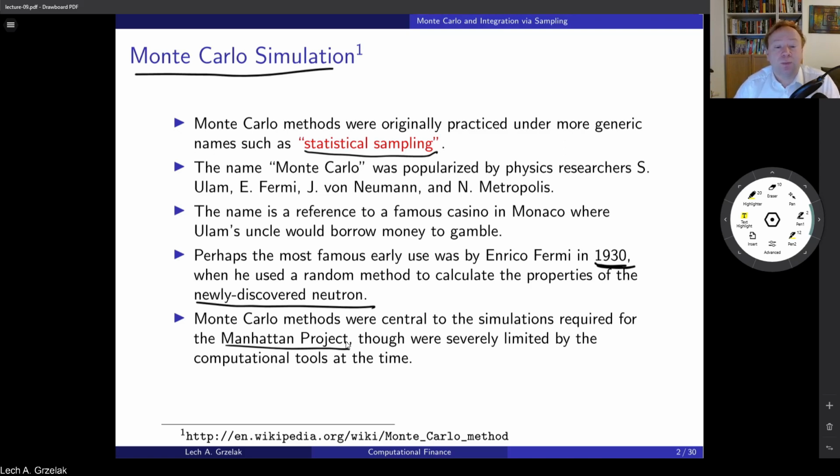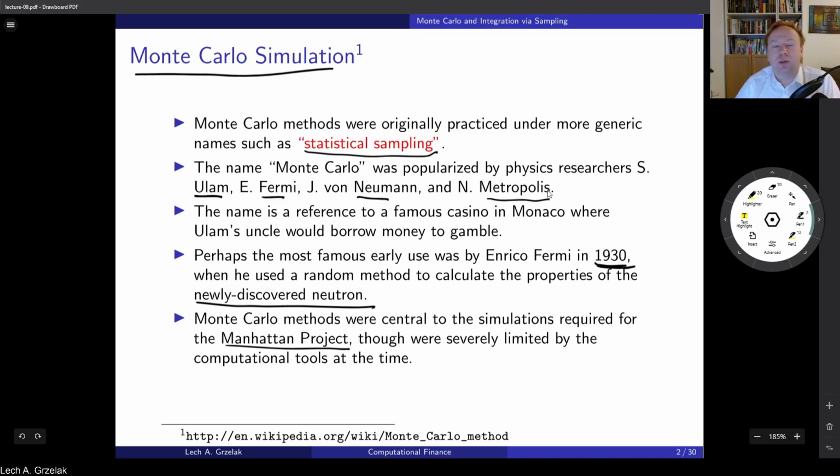Why was it important? Because at that time, the physicists were not able to perform complicated simulations. However, they were interested in some probabilistic estimates of the calculations they were doing. And for that reason, Monte Carlo simulation was very handy. Maybe a few names to mention: the technique was popularized mainly by Ulam, Fermi, Neumann, and Metropolis.